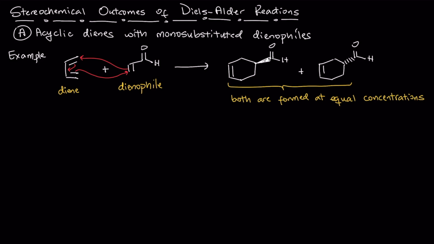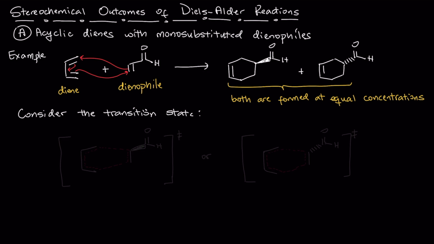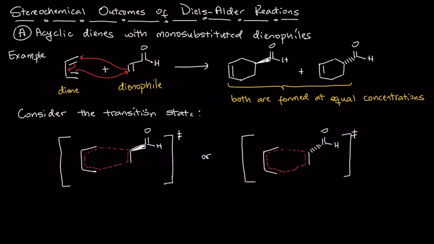To understand this, it all has to do with what is going on at the transition state of this reaction. And I'm going to draw the transition state leading to both of these products now. Okay, so we see in here that the transition state really all has to do with the electrons forming a closed loop between the four atoms of the diene and the two atoms of the dienophile.